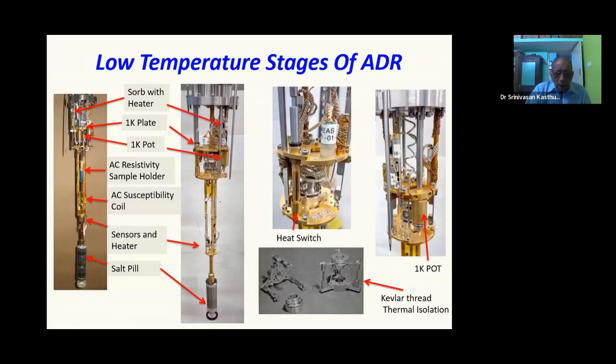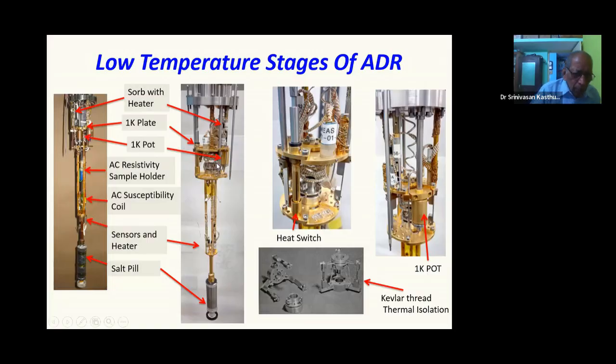I think more details are given here. You can see some pictures of the low temperature stages: the absorption system with heater, and then the 1K plate. The 1K plate means the temperature reached at this stage is 1 Kelvin, and then the 1K pot, where you will have a certain quantity of helium and you will pump on the helium.